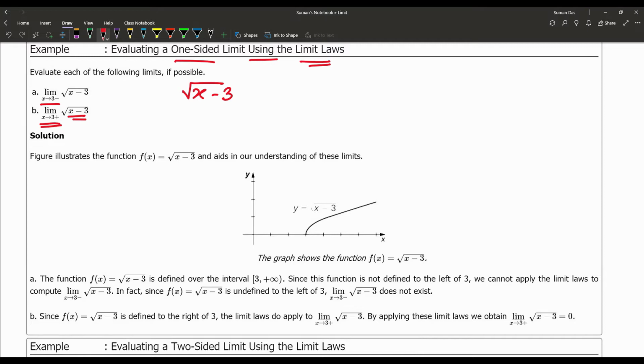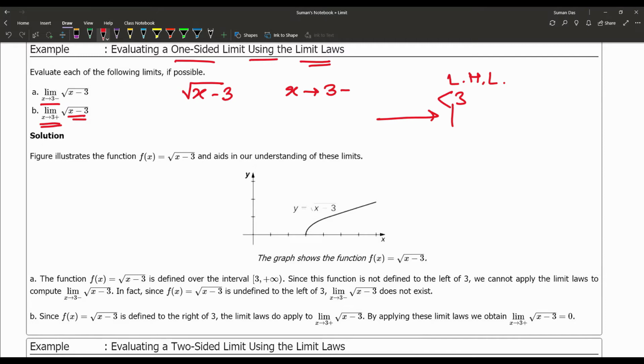If we want to remember the things, x approaching 3 minus means the left hand limit, or the values are coming from the left hand side of 3.